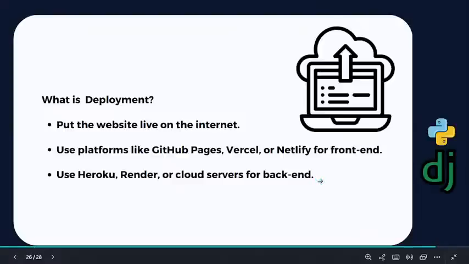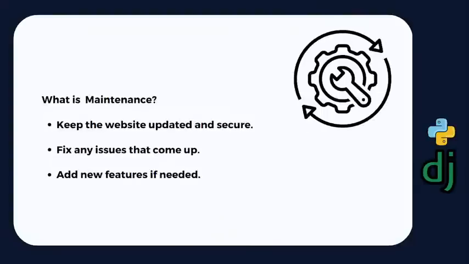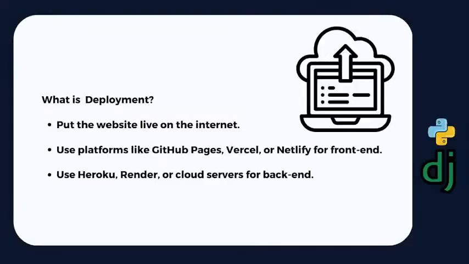We need to put our files in a space with an internet connection, so that our website is shown to everyone. This is called deployment. We upload our website online, and then everyone can see it.